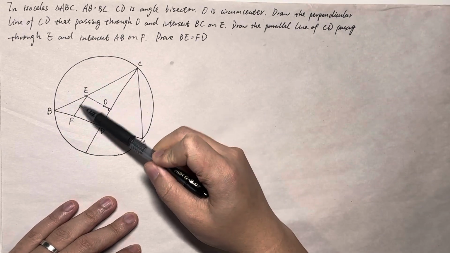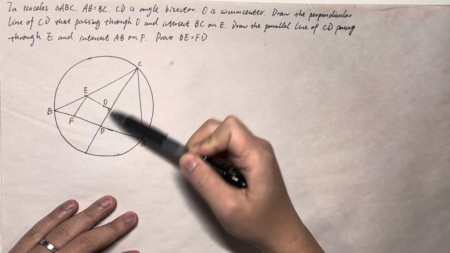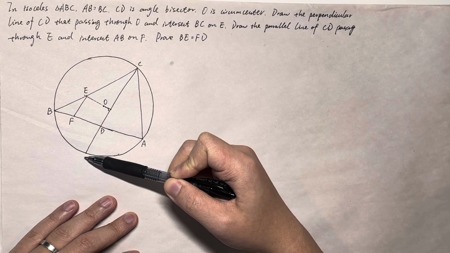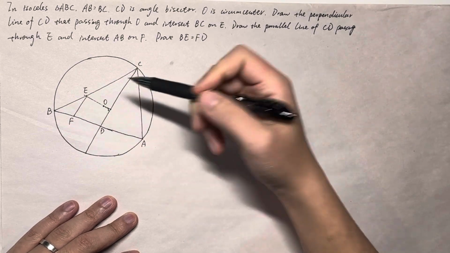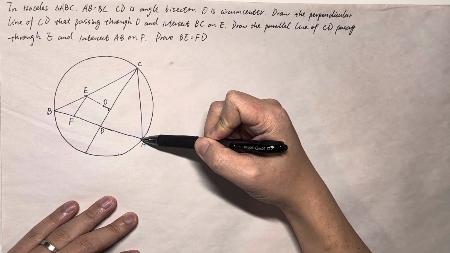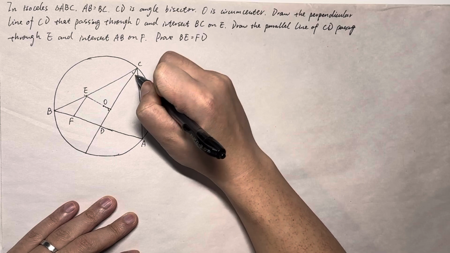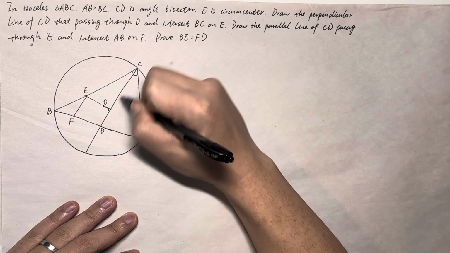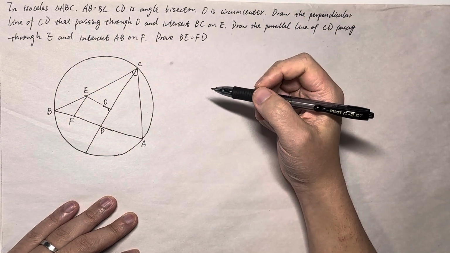We know that FE is parallel to CD, and we know that BC equals BA. So we know that this angle equals this angle, because CD is an angle bisector.